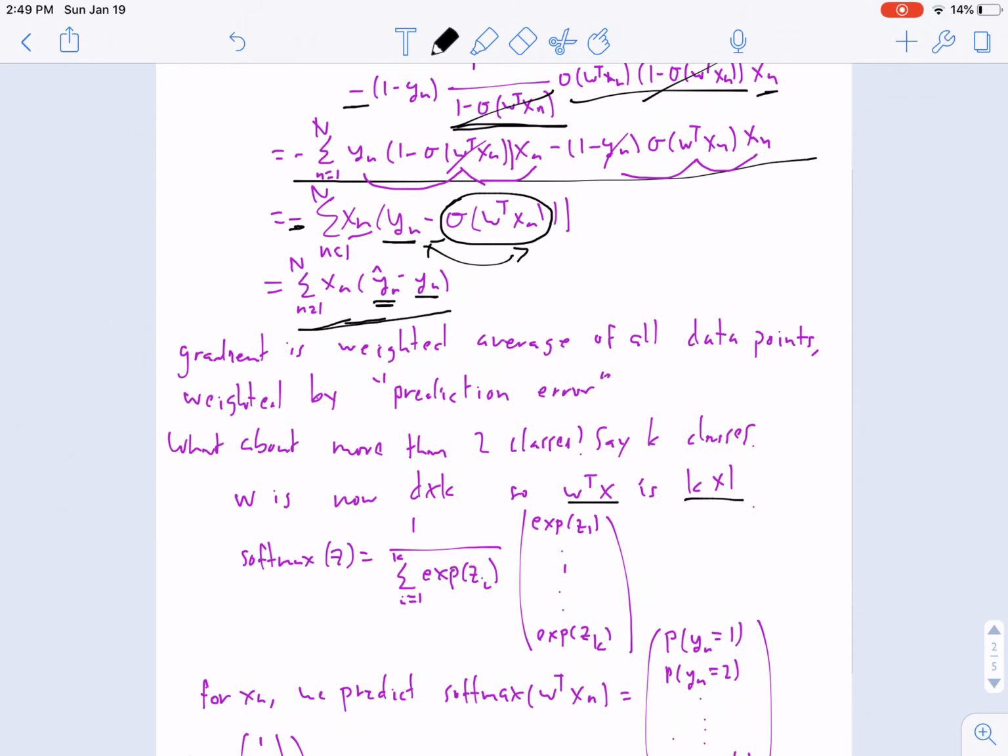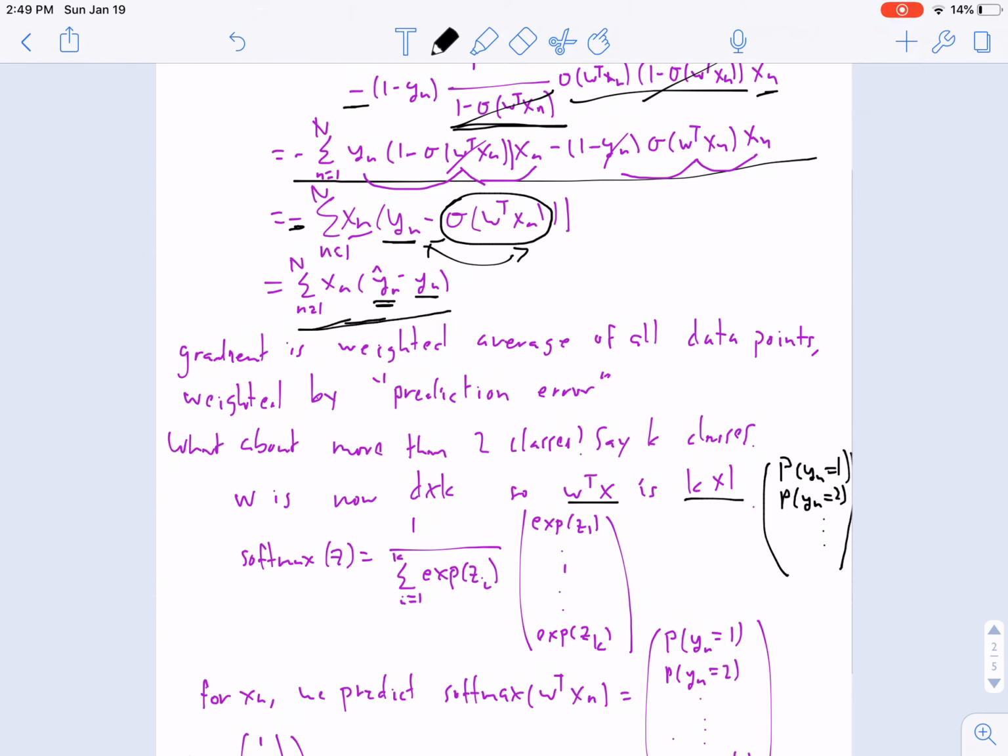probabilities. So what we really would like to have is a vector where the first thing is the probability that the nth point is in class 1, and then the second thing is the probability that the nth point is in class 2, all the way down to k classes.